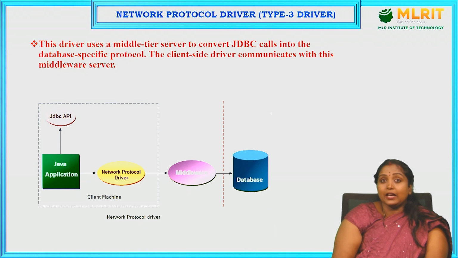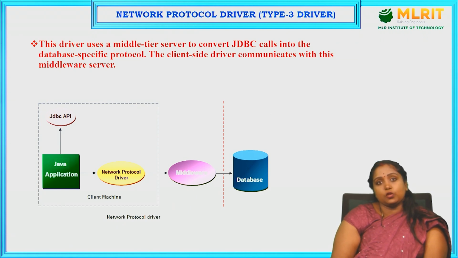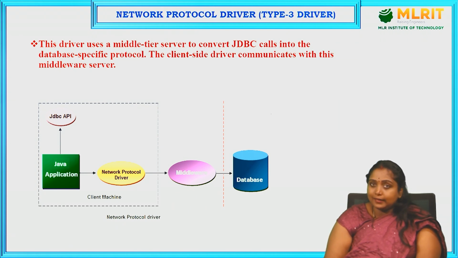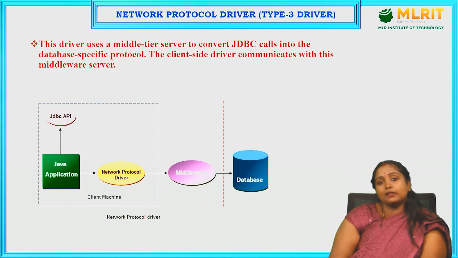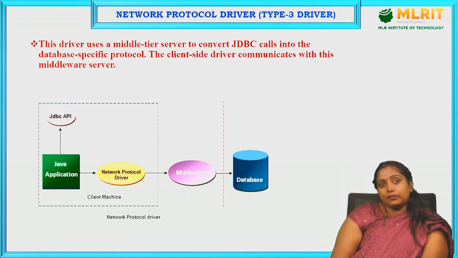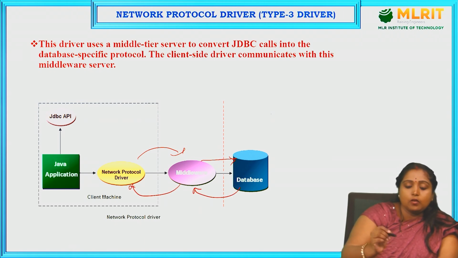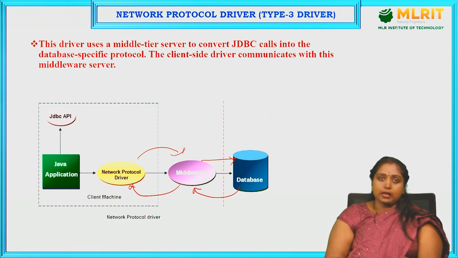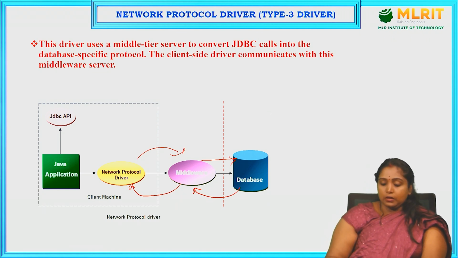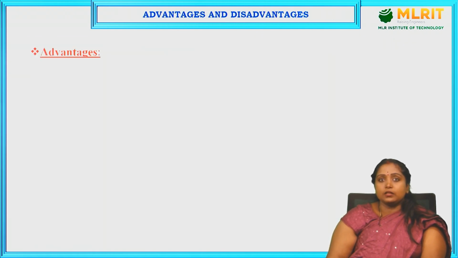We are using a 3-tier architecture, where the middle tier server converts the JDBC calls into database specific protocols, and the client side driver communicates with the middle server. The request you send through this is communicated to the database, and the responses are returned to the Java application. So let us see the advantages and disadvantages.